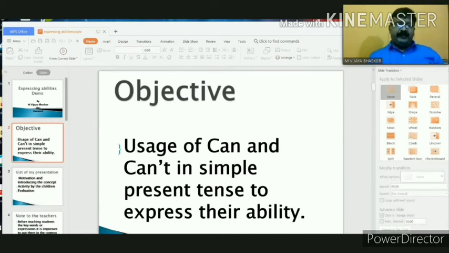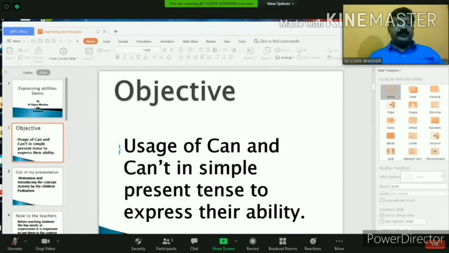And secondly, I'm going to present an activity to reinforce the concept among the children. And finally, I'm going to give some tips to evaluate the learnings of our children.